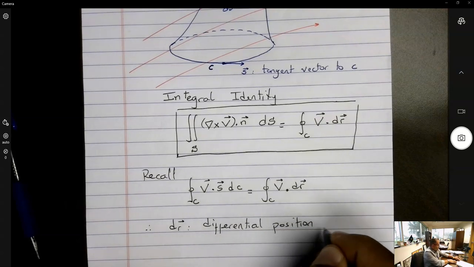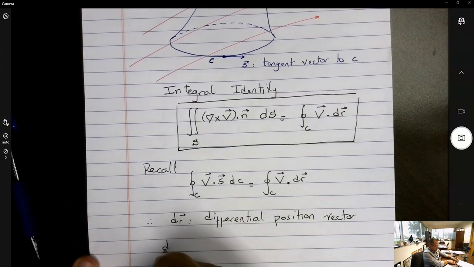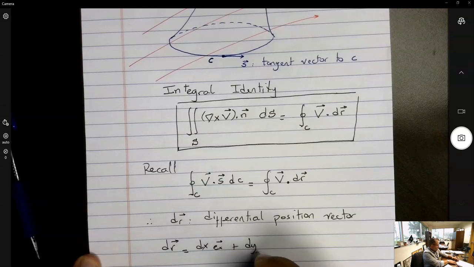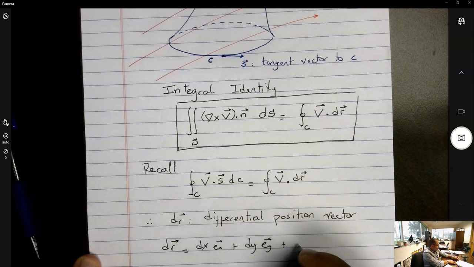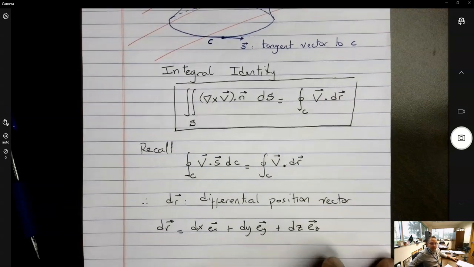So basically dr is equal to dx in the x direction plus dy in the y direction plus dz in the z direction in Cartesian coordinates. This is the differential of the position vector.